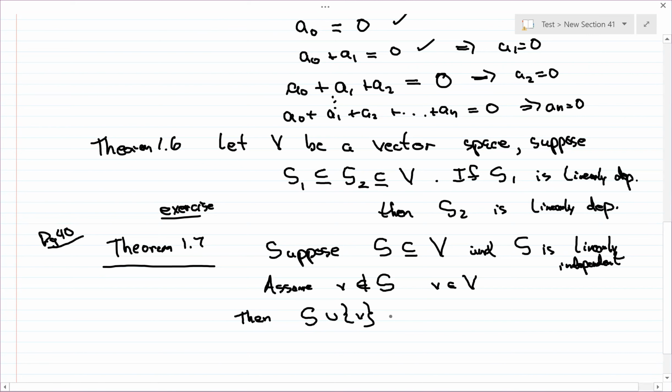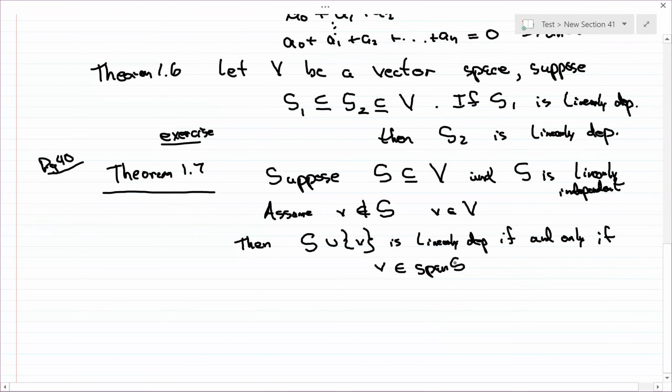So this set is linearly dependent if and only if v is in the span of S. Okay, what does that mean?